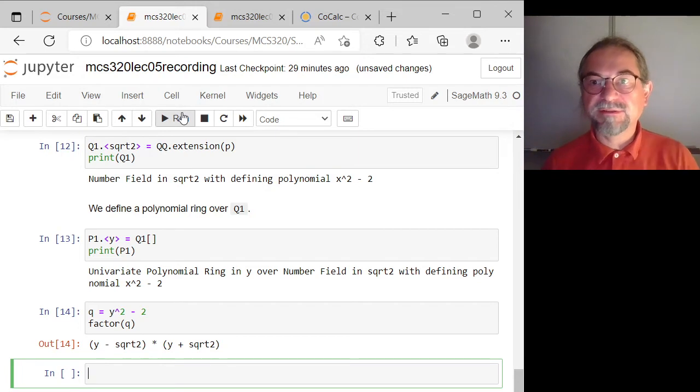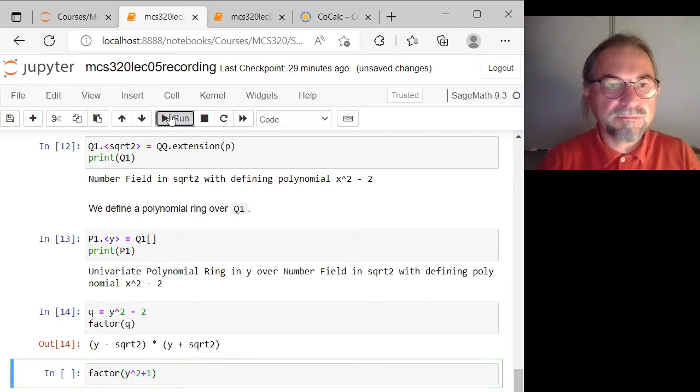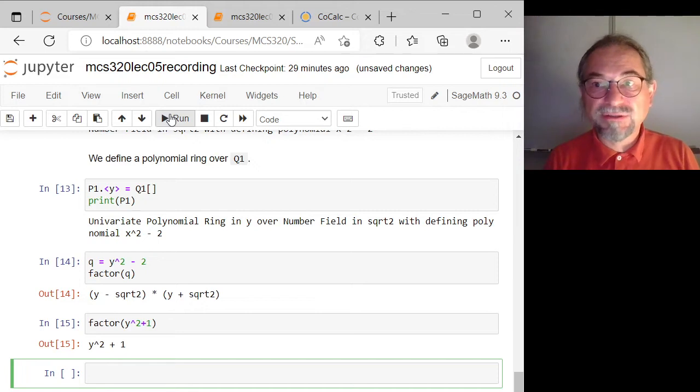Just like the x squared plus 1 factored. Fine, what now about the polynomial y squared plus 2? So the y squared plus 2 does not factor. Similarly, if I have the polynomial y squared plus 1, that polynomial still does not factor.